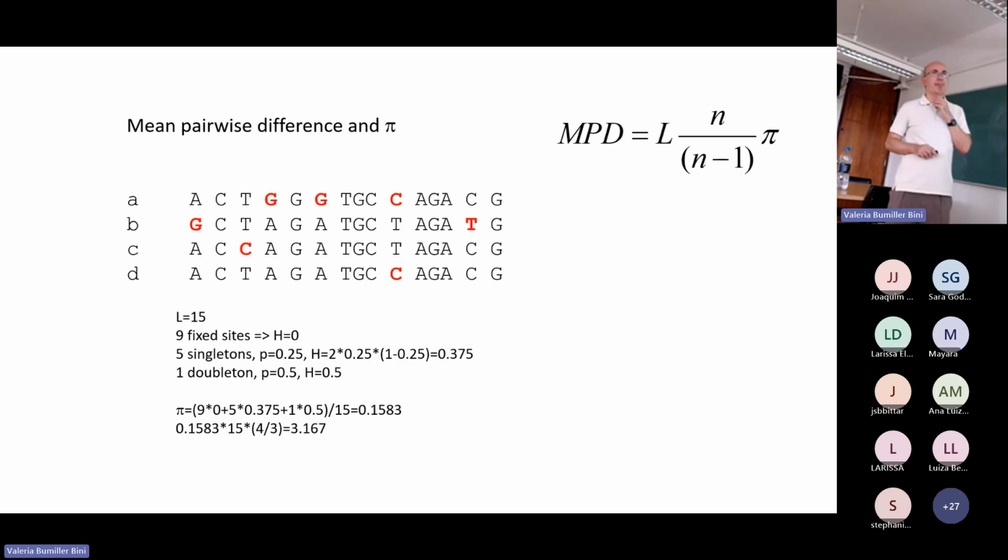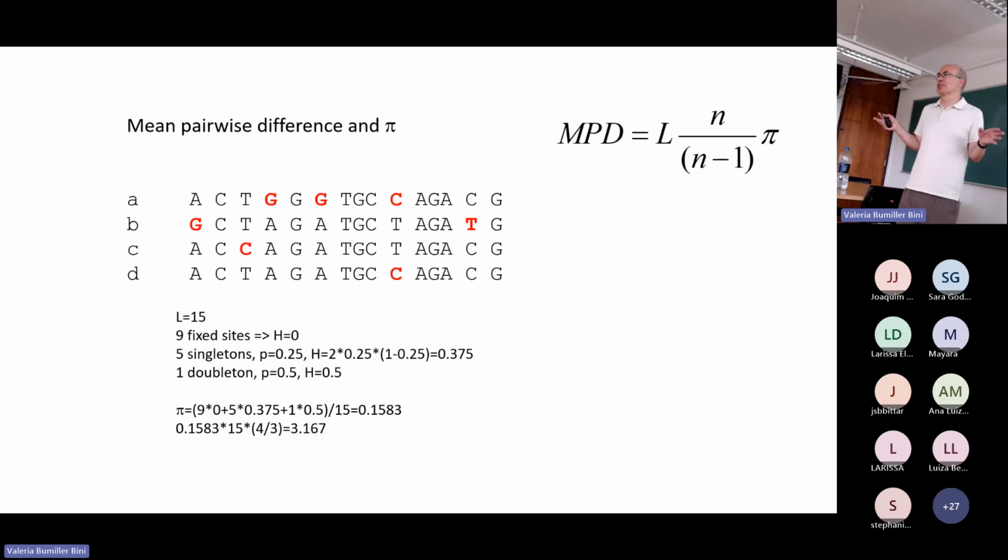That's fine. Now take pi here, multiply by L, and adjust this for sample size, and we get exactly the same. So the relation between mean pairwise difference and pi is quite immediate. It depends only on L and sample size.